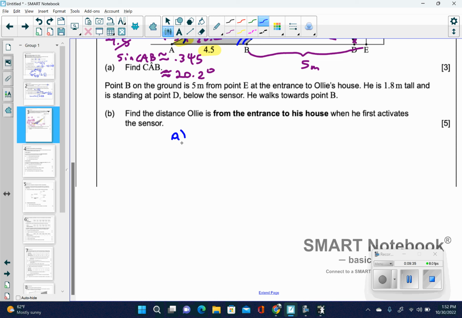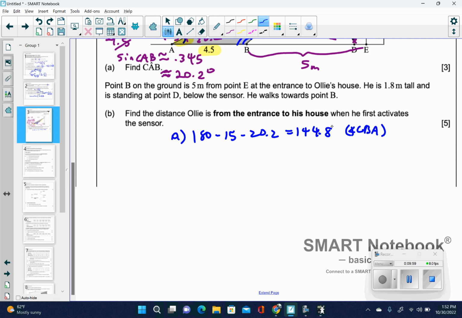So first thing we did is we did 180 minus 15 minus 20.2 to give us 144.8, which is angle CBA. So CBA. Again, please forgive my handwriting. I don't know what's going on with me.